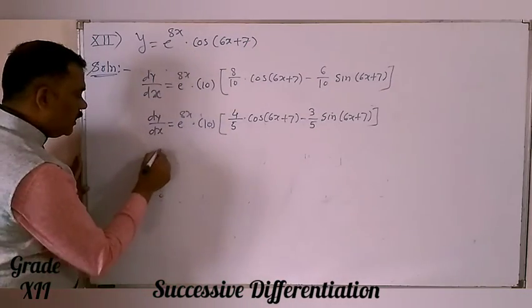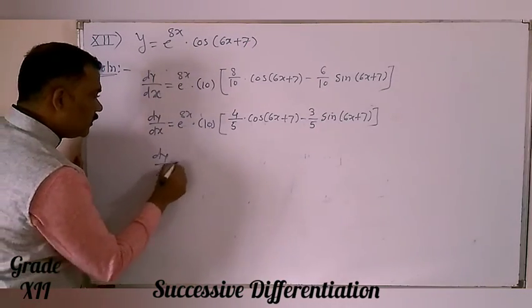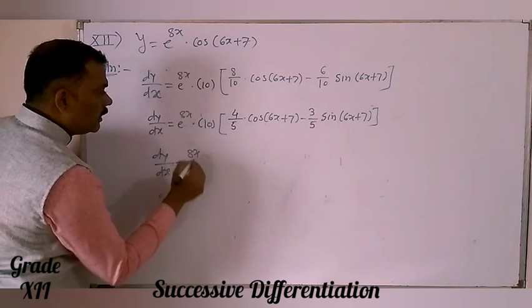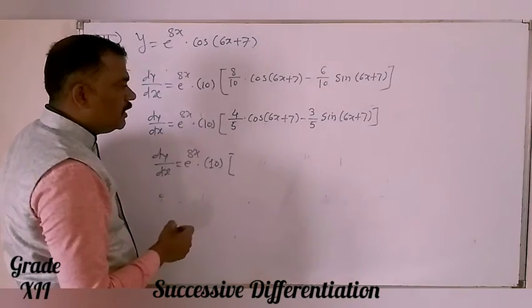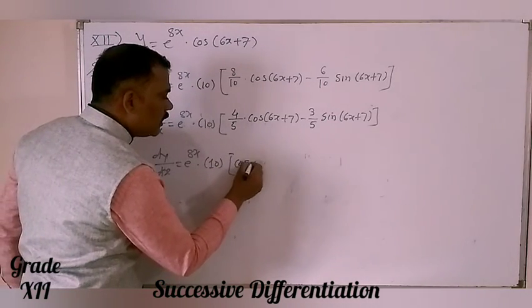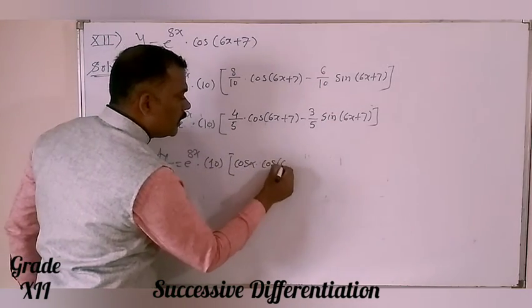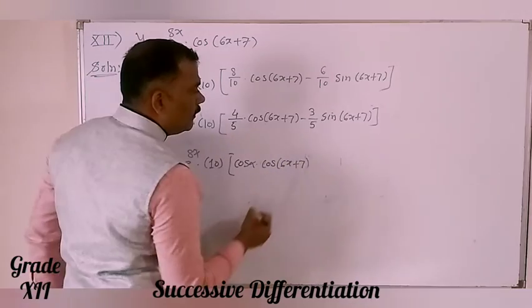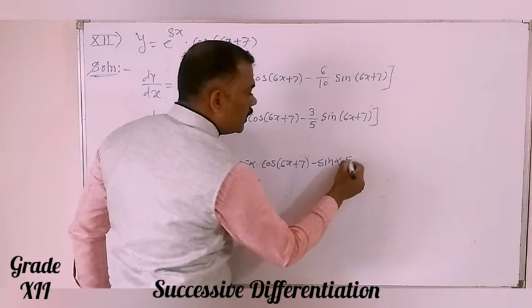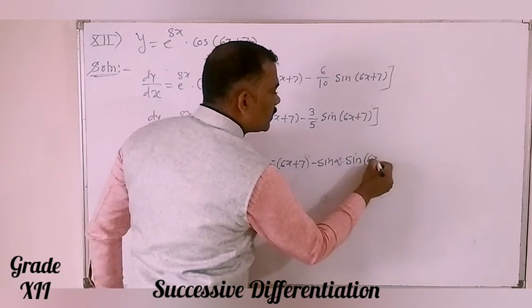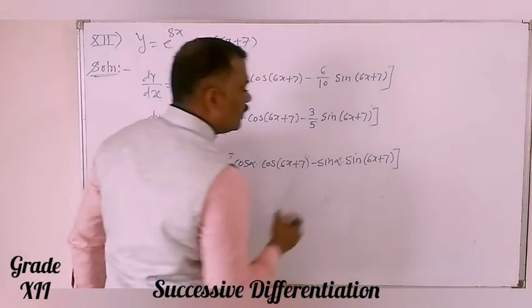That is nothing but dy by dx is equal to e raised to 8x into 10 into, we are assuming this one is nothing but cos alpha into cos of 6x plus 7, minus sine alpha into sine of 6x plus 7.